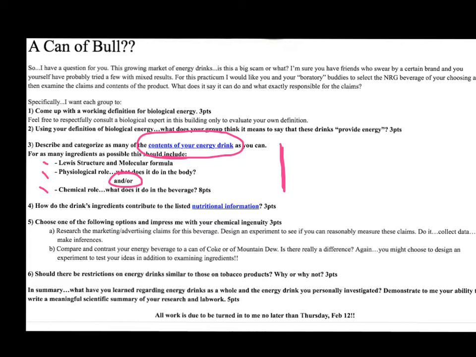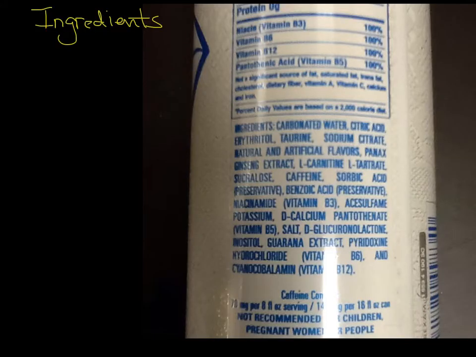Certainly, if you want an A, I'm going to need to see a fairly complete listing of the ingredients that you have in your can. This is what we're looking at right here, your ingredient list: carbonated water, citric acid, taurine, sodium citrate, natural and artificial flavors.